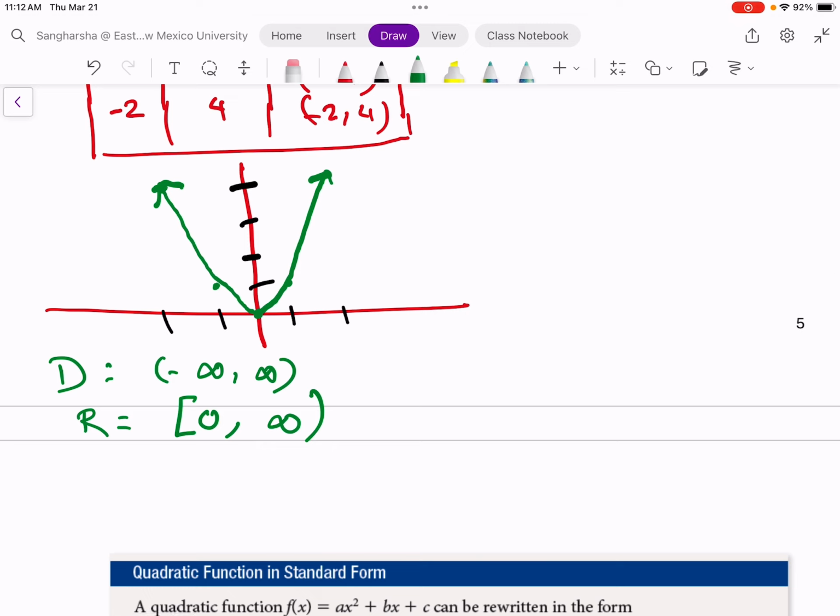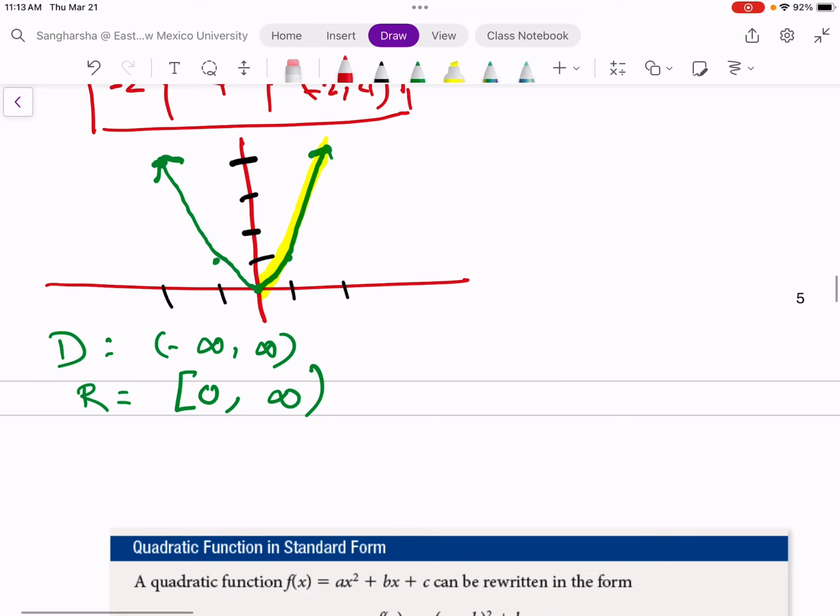Now from here we can write the interval where the function is increasing. Increasing means the graph is rising. What part of the graph is rising? This portion of the graph is rising. We are writing the x values.